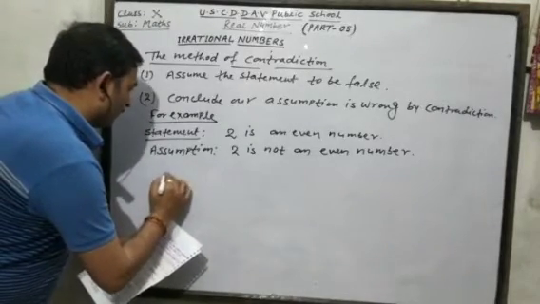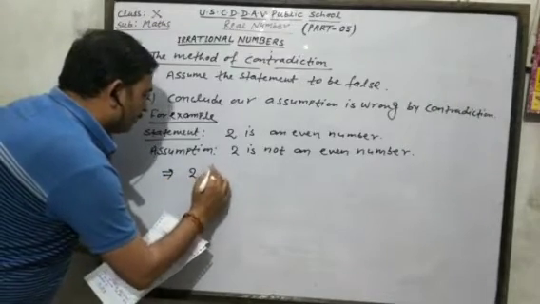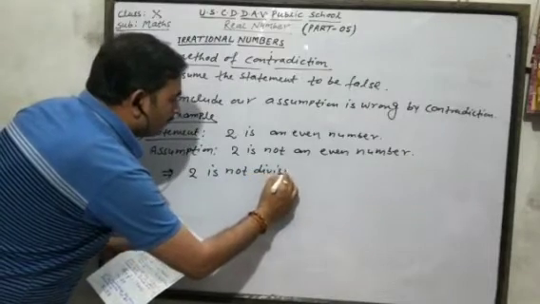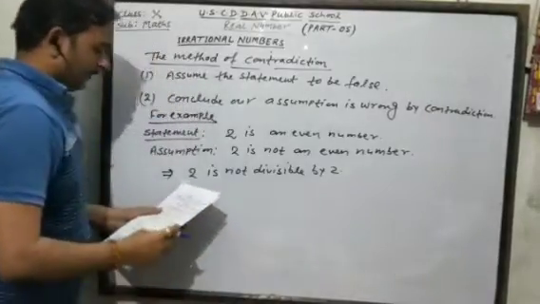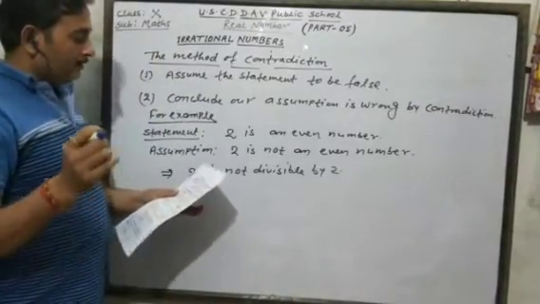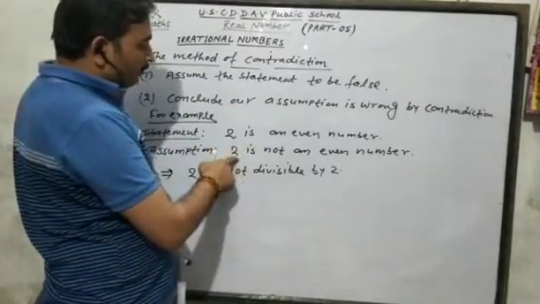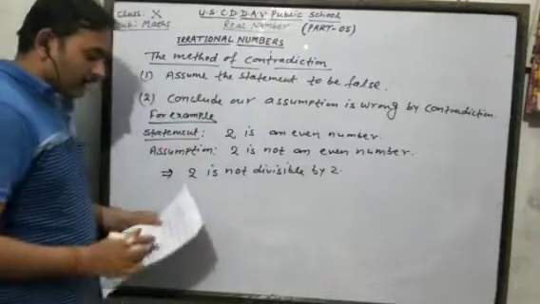This implies that 2 is not divisible by 2. So we have supposed that 2 is not an even number, that means 2 is not divisible by 2.